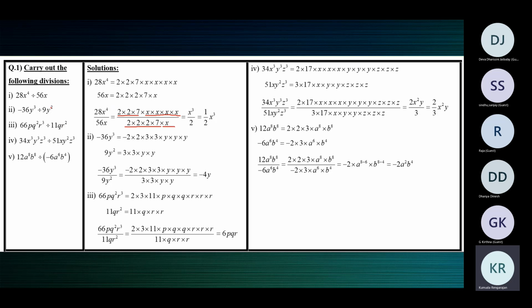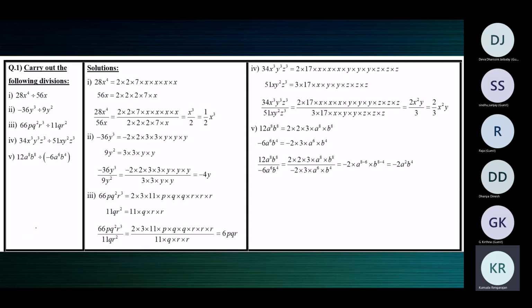And then you cancel out. 2, 2, 7 gets cancelled. This 1x here and 1x here gets cancelled. So you have x cubed, x into x into x, divided by 2, which is 1 by 2. You can leave it as x cubed by 2, which is further understood as 1 by 2 x cubed.